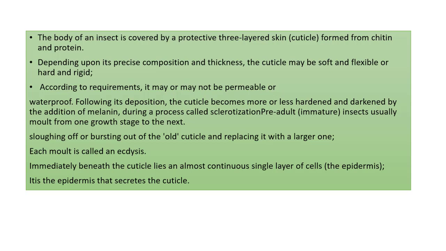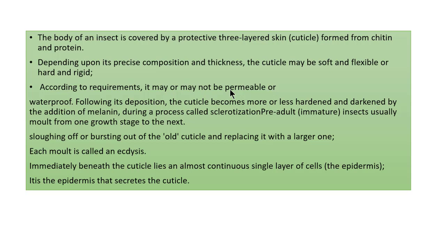Soft and flexible cuticle is found in the honeybee and wasp. According to its requirement, it may or may not be permeable or waterproof. Following its deposition, the cuticle becomes more or less hardened or darkened by the addition of melanin during a process called sclerotization.